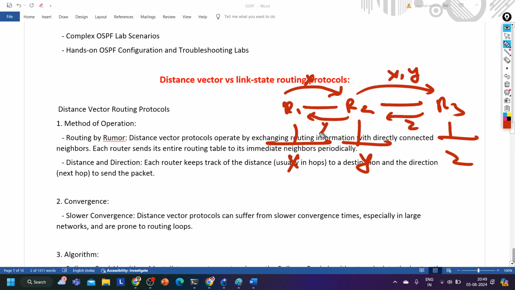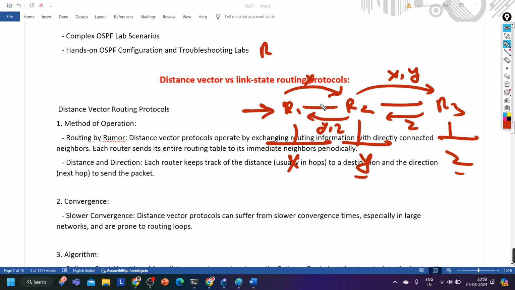Router 2 is going to advertise Y and Z networks to router 1. So in a distance vector routing protocol, router 1 only knows these networks are available via my neighbor. Who is advertising Y and Z networks to router 1? Router 2.